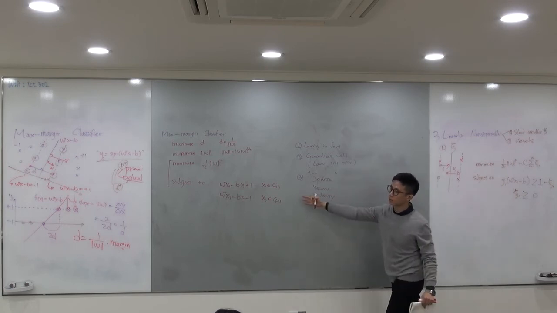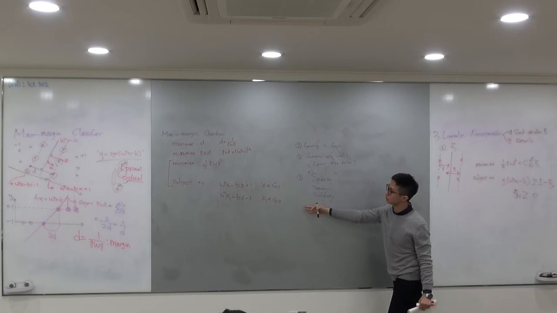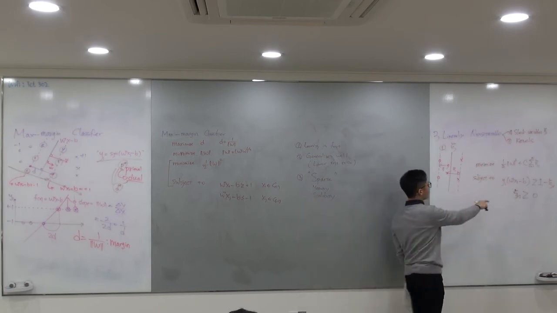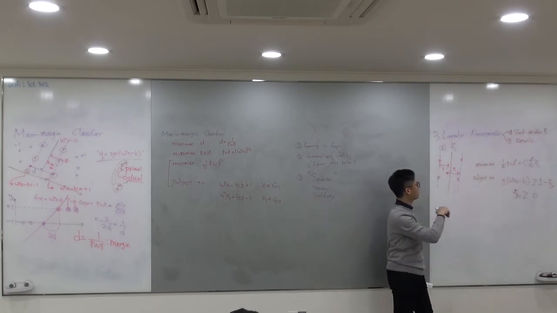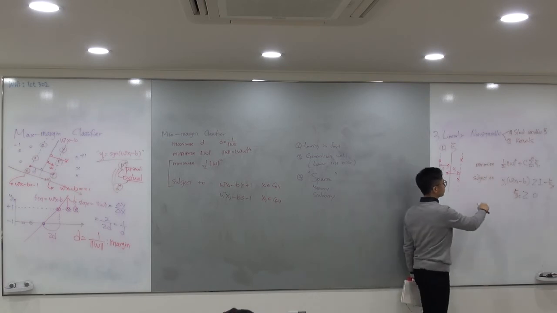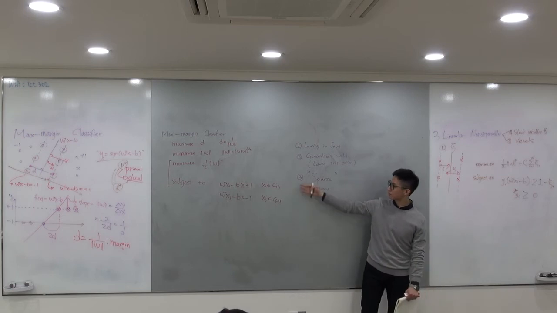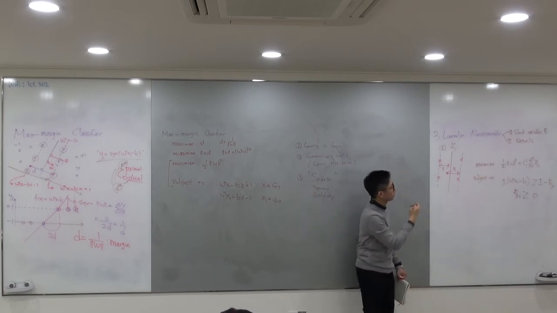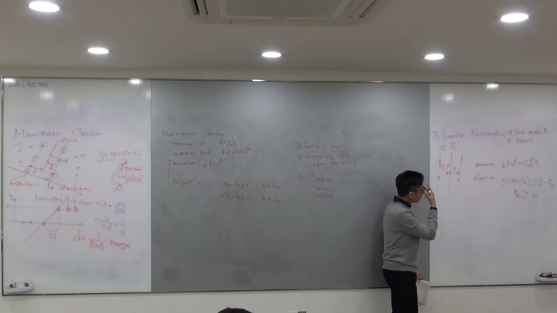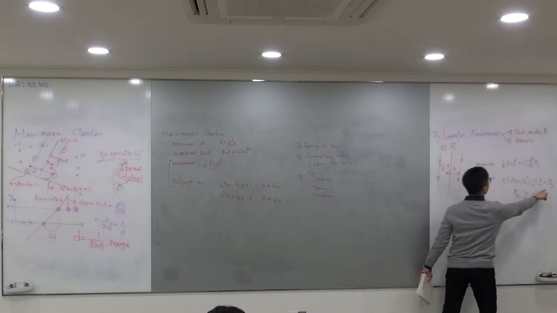So the final optimization criteria look like this. Here I want to make two equations into one equation. yi is a class label which has value of +1 or -1. So this clearly states these two equations in one equation. And the slack variables go into here.